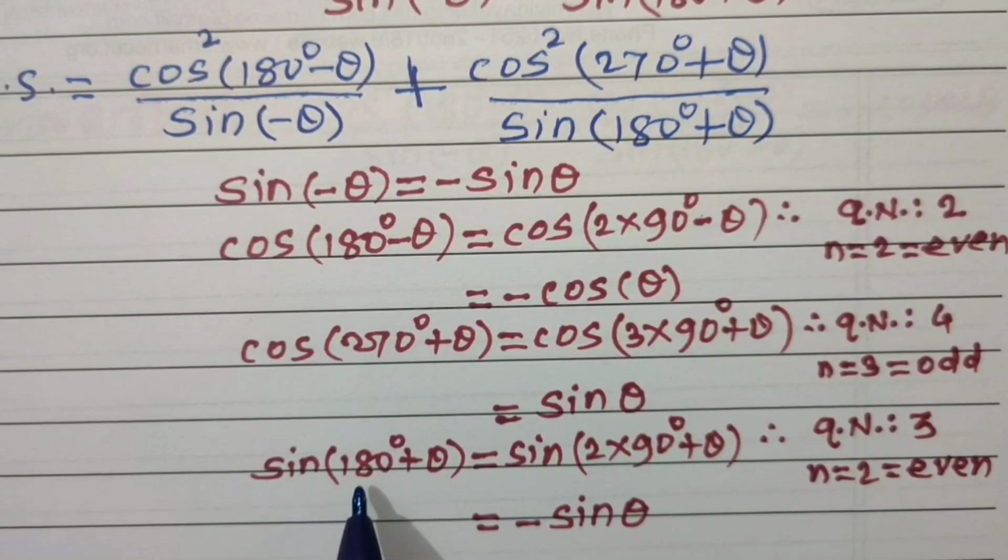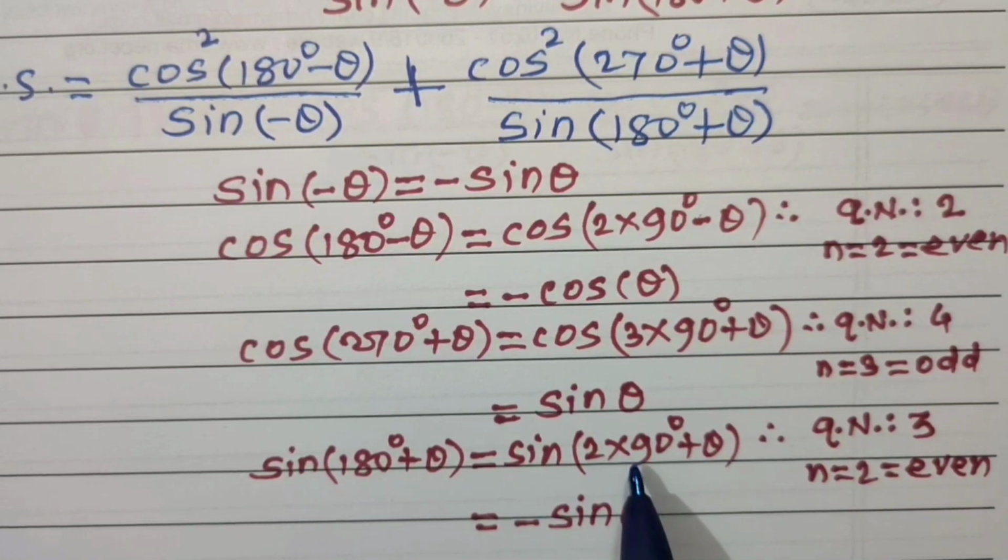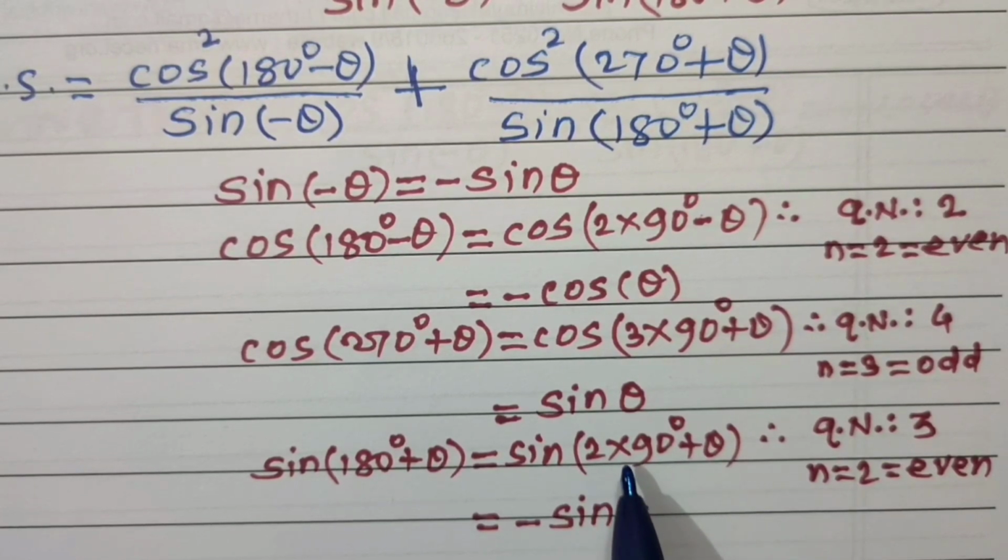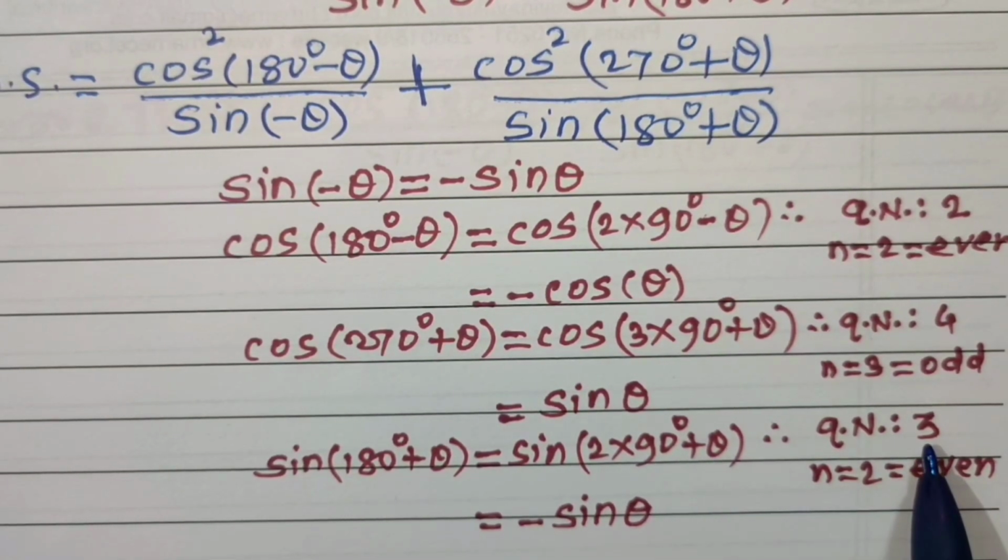Then sin of 180 degree plus theta is equal to, we can write, sin of 2 times 90 degree plus theta. 2 times 90 degree again lies on the negative x-axis, and this plus indicates the next quadrant of the negative x-axis, which will be quadrant number 3. Hence the quadrant number we get is 3, and n is 2, which is an even number.